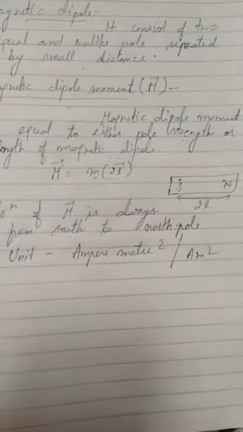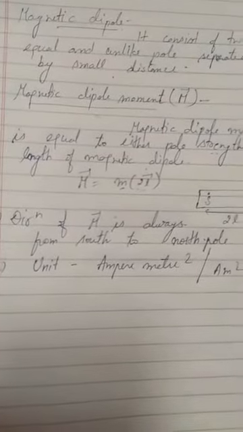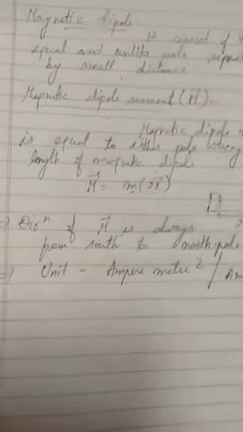Otherwise we can say ampere meter square. This one is the magnetic dipole moment.